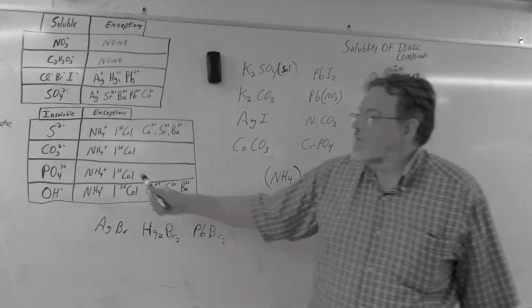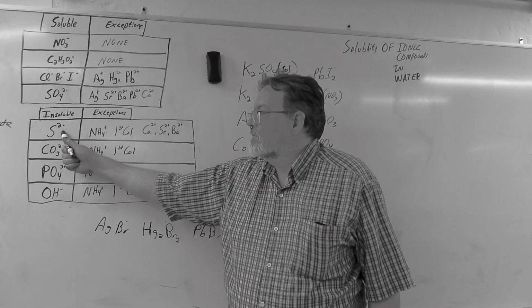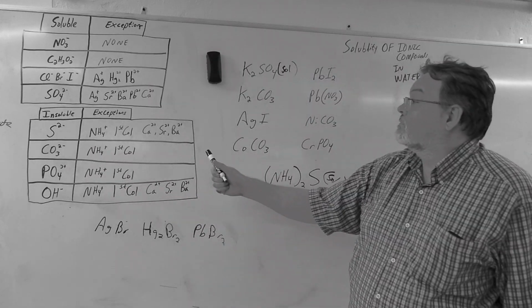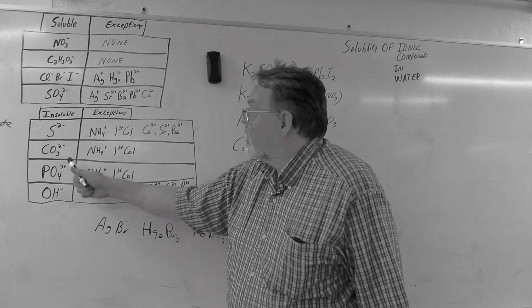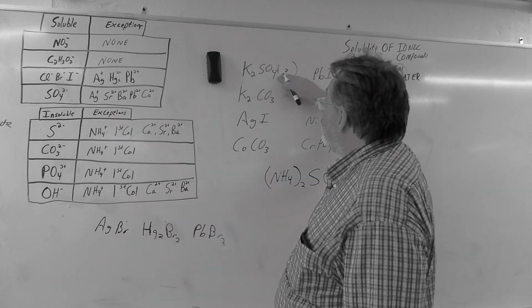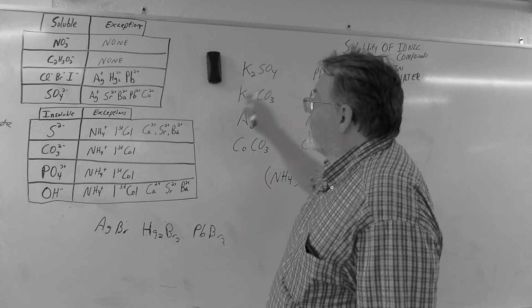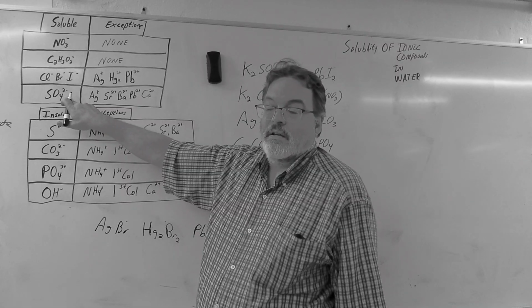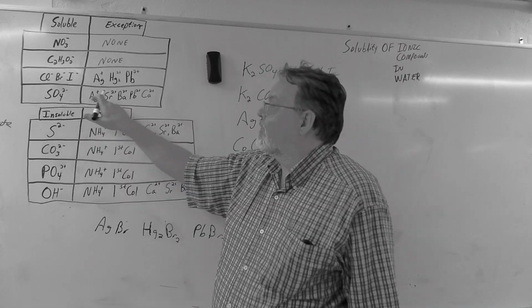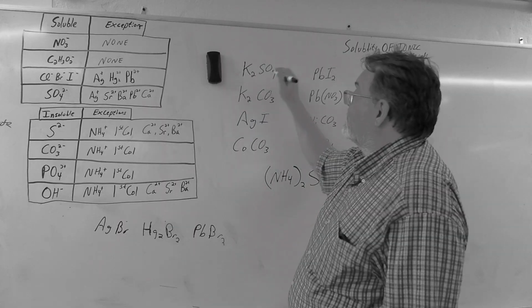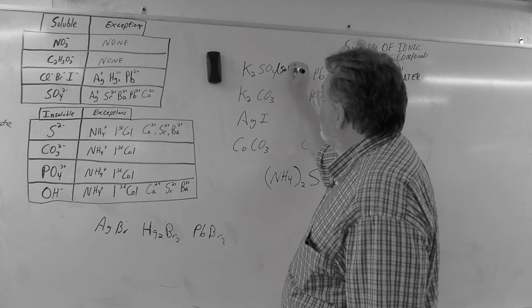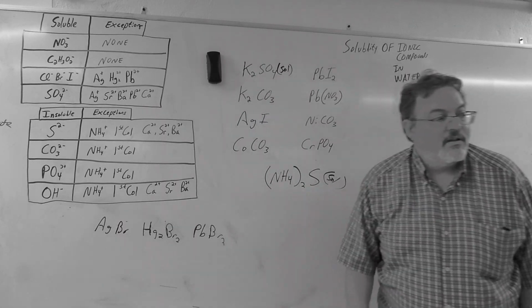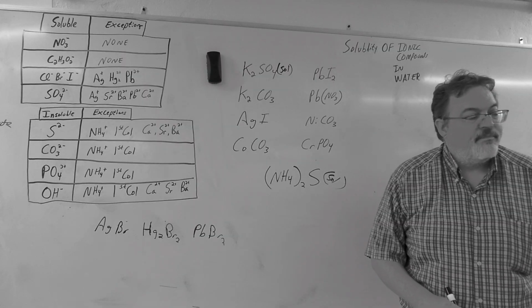Because it's insoluble if there are no exceptions. And so, where was I? Sulfate. I was looking at the wrong one. Sulfate. Okay. Everything sulfate is soluble except for these. And that's not one of the exceptions, so it's still soluble. It's just by different logic. You follow that?